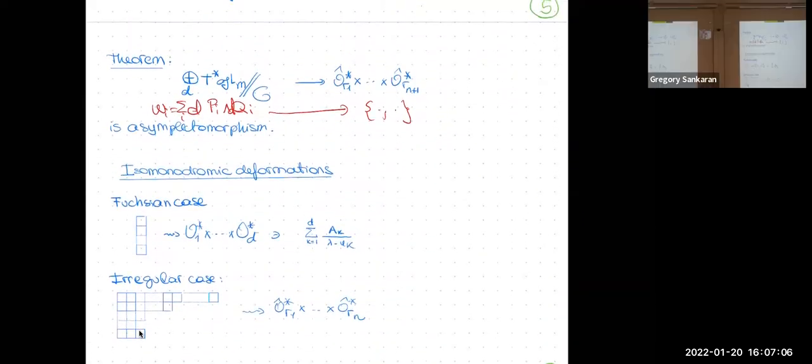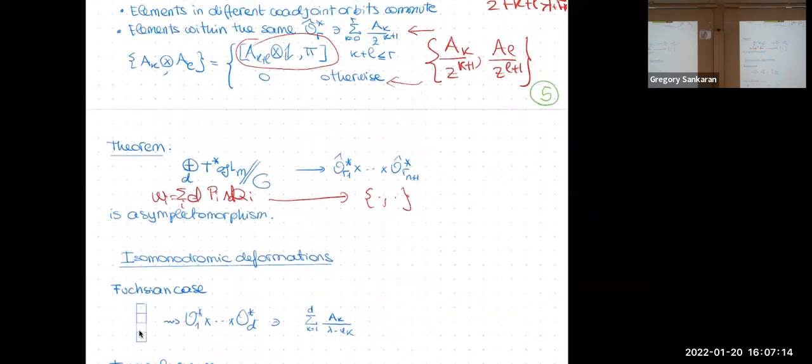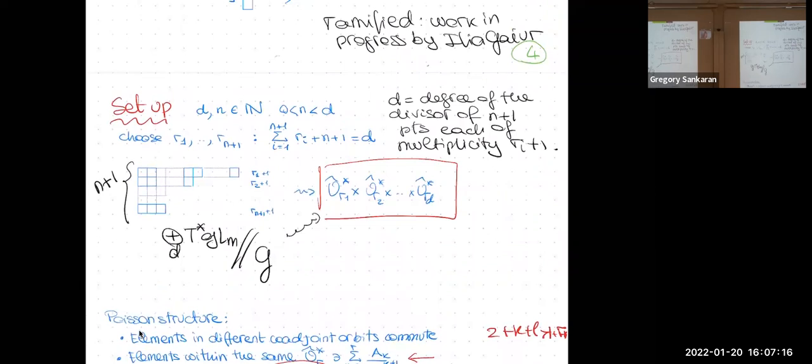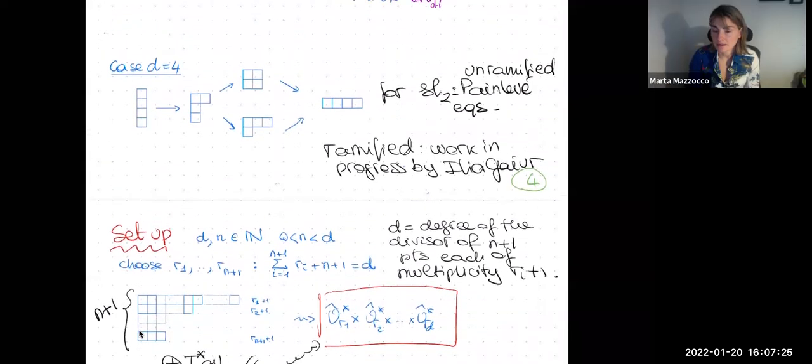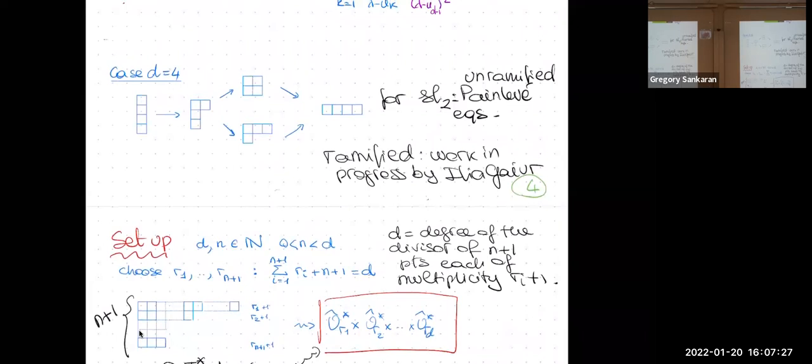Excuse me, please, sorry for taking you back. The Young tableau that you described, that ordering, it has to do with the Springer resolution. So no, the ramified case. Yeah, this ramified case.